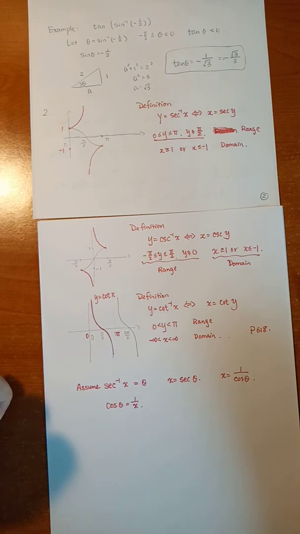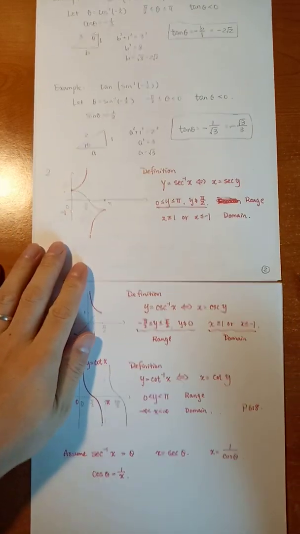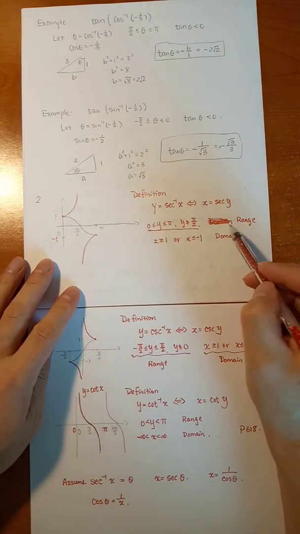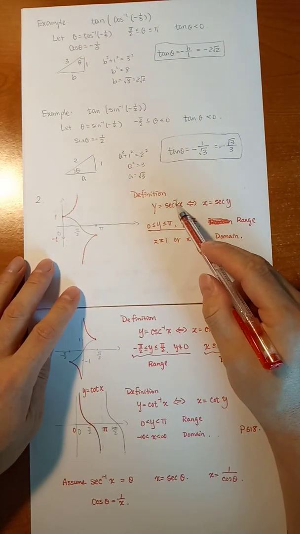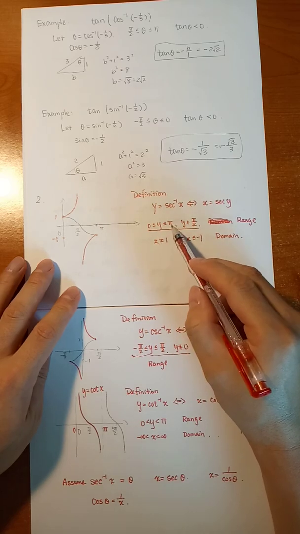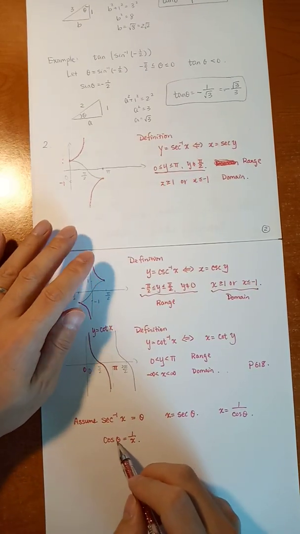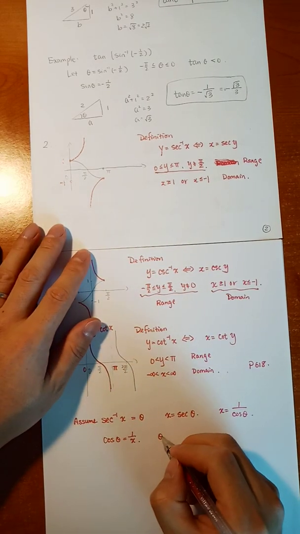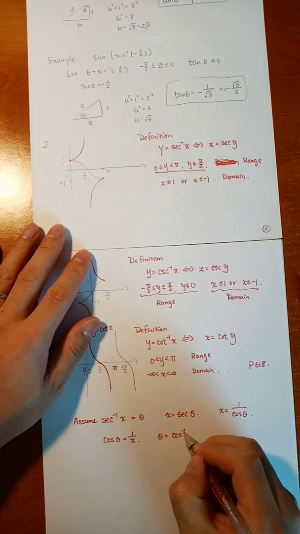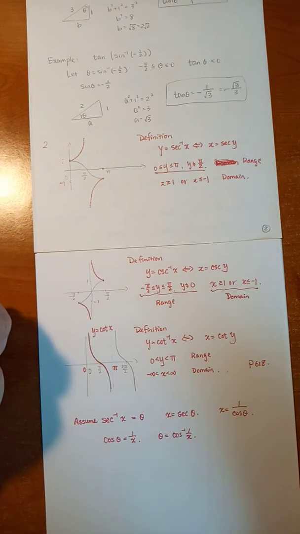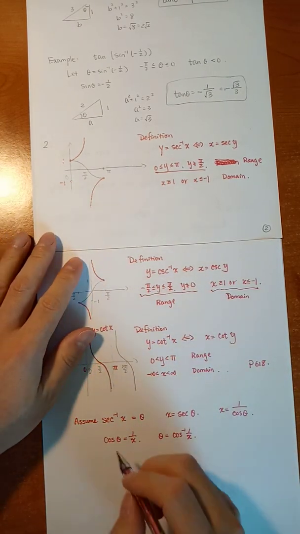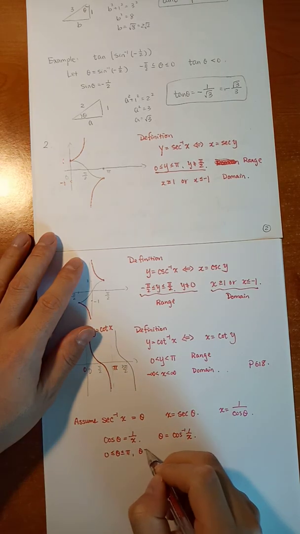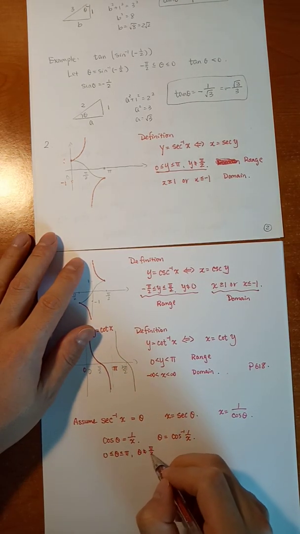Okay, so check here. Theta is in the range of secant inverse, so theta is between 0 and pi. Once this angle is between 0 and pi, you can apply the inverse. So theta is cosine inverse of 1 over x. Here we use a condition: theta is between 0 and pi, theta is not equal to pi half.